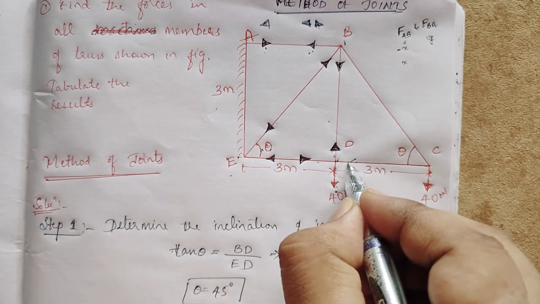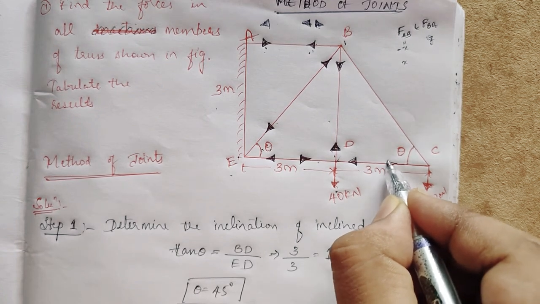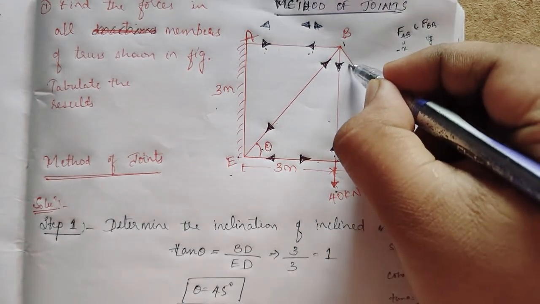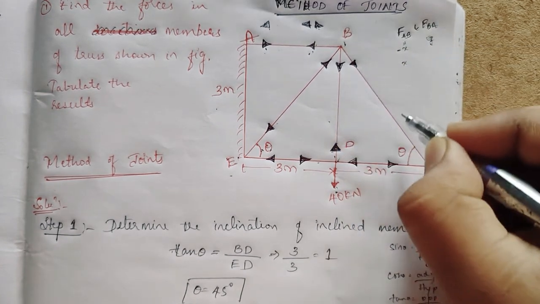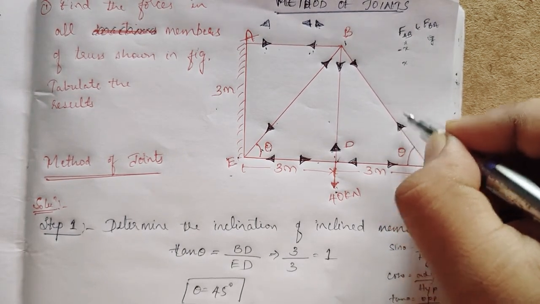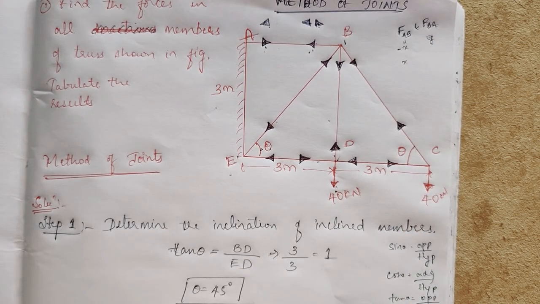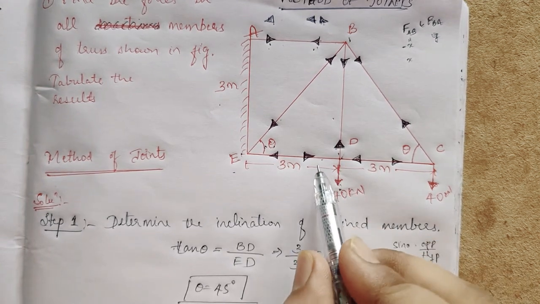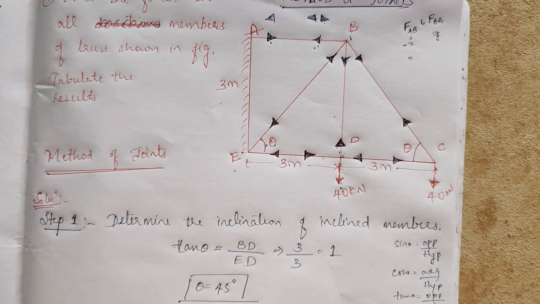Then at here another force coming like this. This is just assumption. You can draw as you like, but there are some rules in the member. They should be opposite in direction, equal in magnitude. Okay, all the forces I mentioned now.